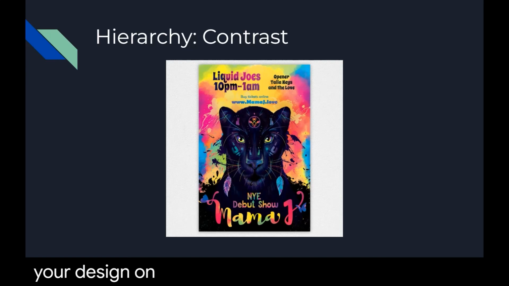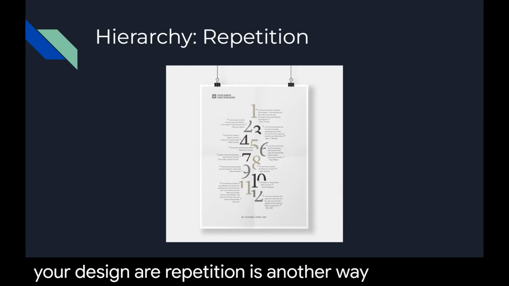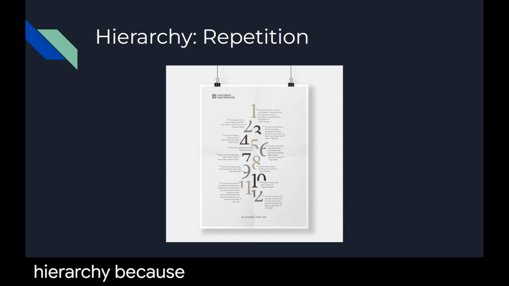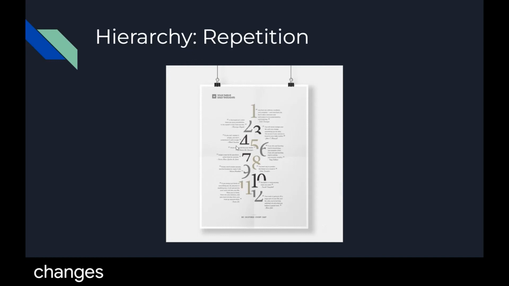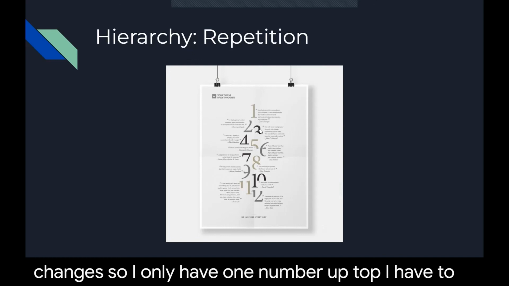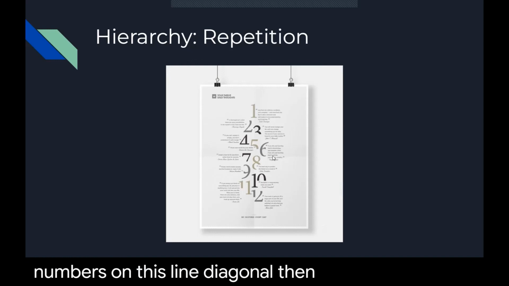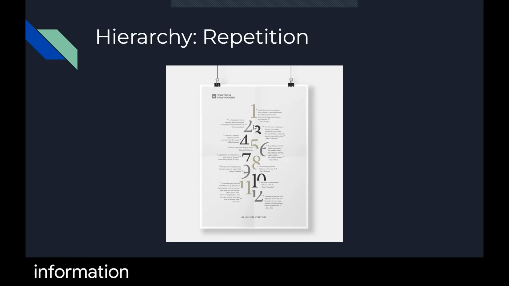Repetition is another way to create hierarchy, because it allows you to create order. And so even though the placement of the numbers changes, so I only have one number up top, I have 2 numbers on this line diagonal, then 4, 5, 6, 3 numbers on that line. So there's not a true order to the information, but by repeating a number through the design, it tells me where my eye needs to go across the page.